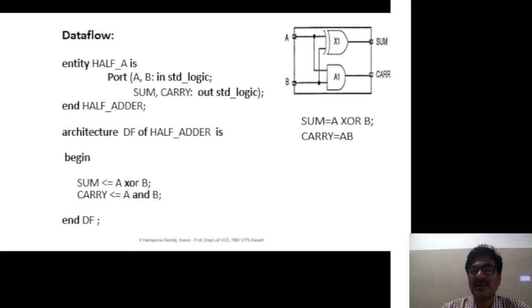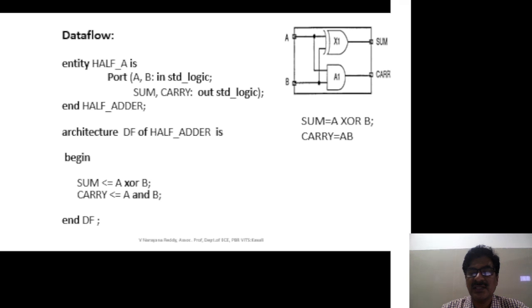Okay, it's clear. What is the architecture body syntax? Start with the word architecture, architecture name of entity name is. Then if you have any declarations, you need to represent them before the begin. After begin, the statements are the signal assignment statements, since it is data flow style, so the concurrent statement is referred to as the signal assignment statement.